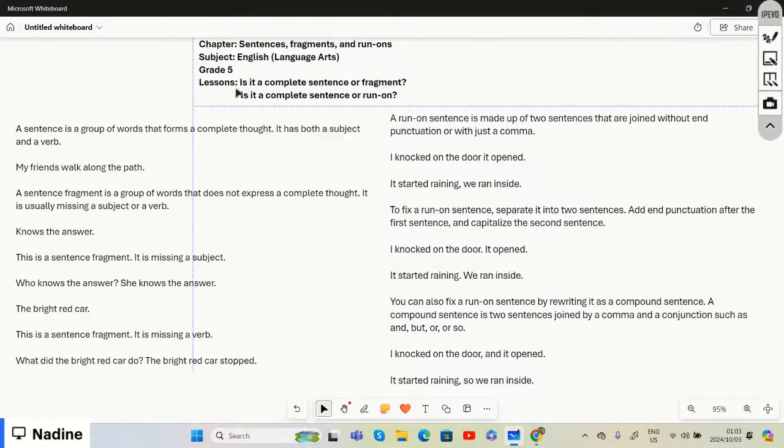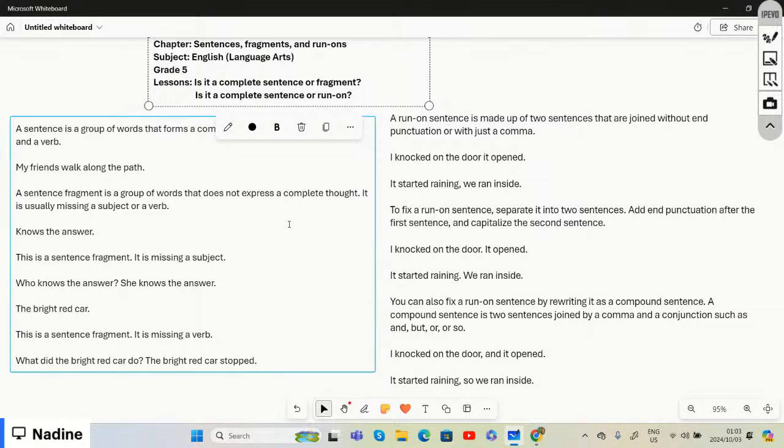Our subject is English language arts, and we're doing grade 5.